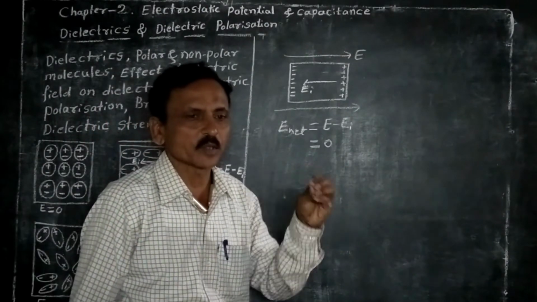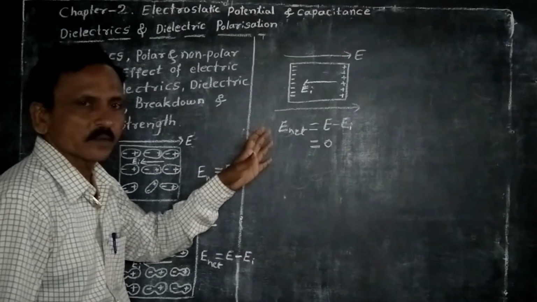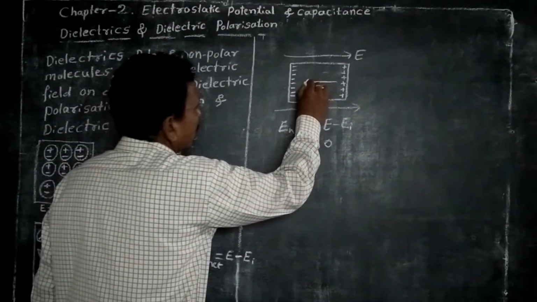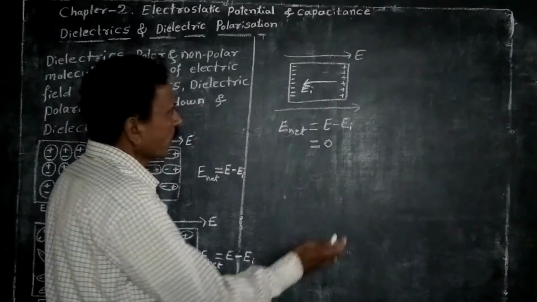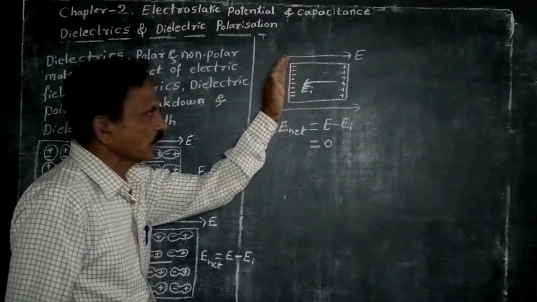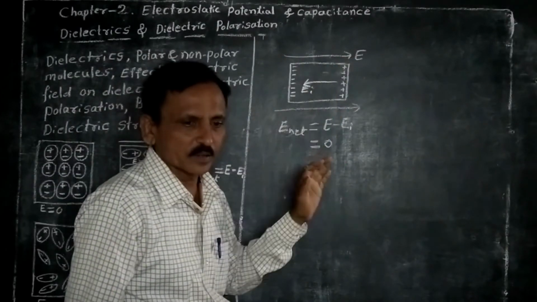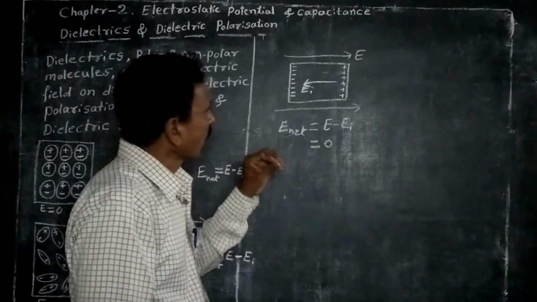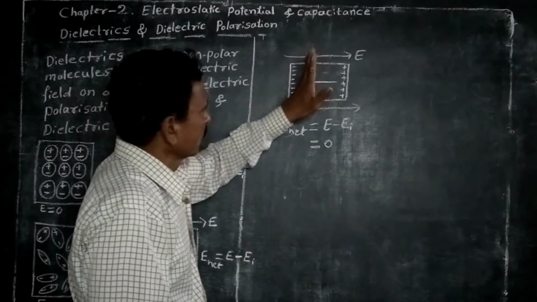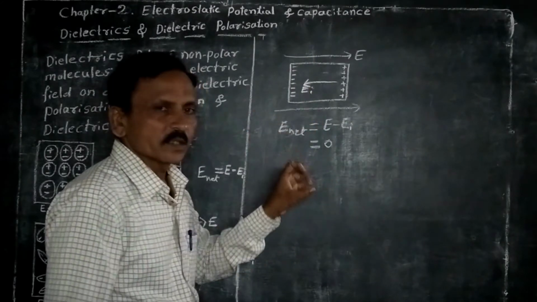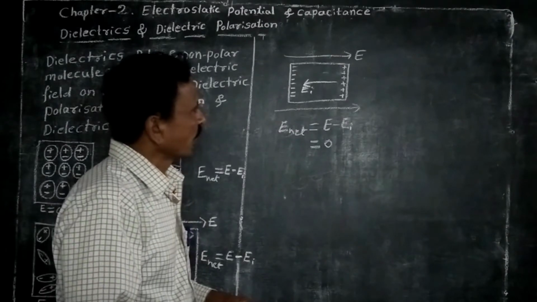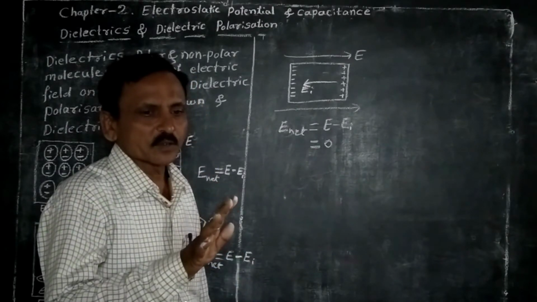When conductors are placed in an external electric field, what happens? Negative charges are aligned on one face and positive charges on the other face, and all other positive charges of the nucleus and remaining electrons remain at the same positions.